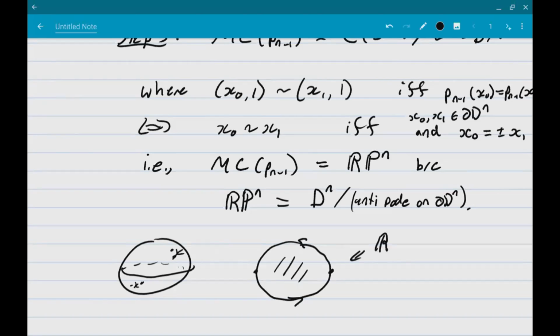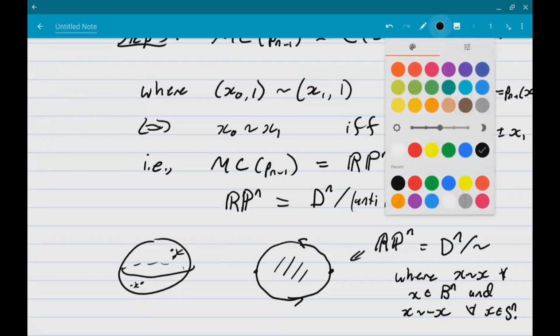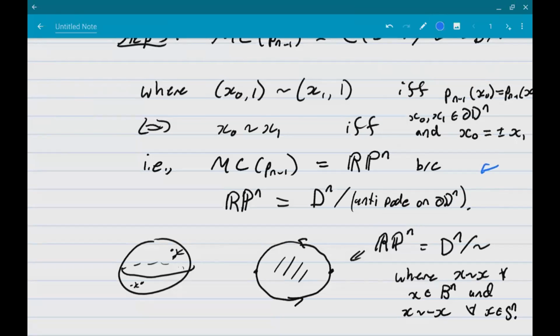So RP^n is equal to D^n mod a relation, where x is related to x for all x in the n-ball, and x is related to negative x for all x in the n-sphere. This is another equivalent characterization of real projective n-space, and that is exactly the definition that you recover from the mapping cone construction.